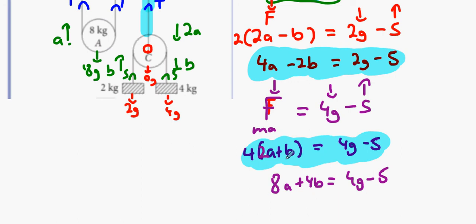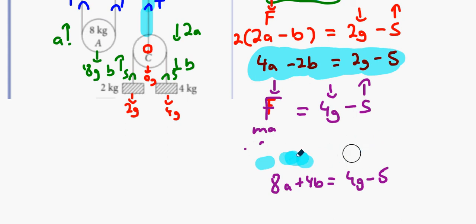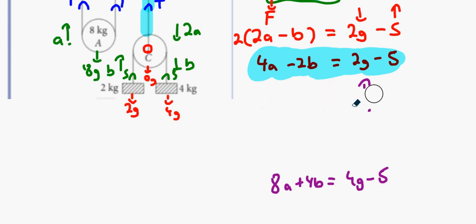So little things, if you're tired in the exam, or me late at night, as it turns out, you're going to make these simple little errors, and you do not want to mess them up in the middle of the exam. Okay? Makes things a lot more difficult. So there we go.